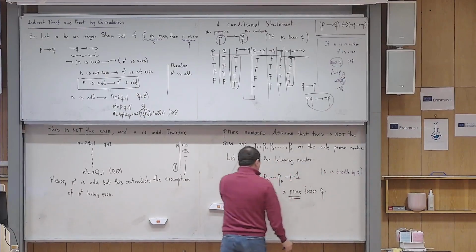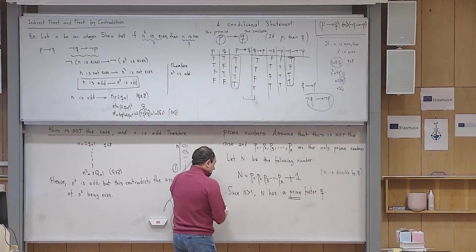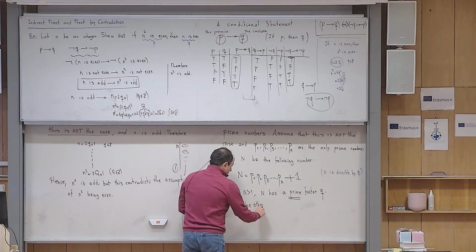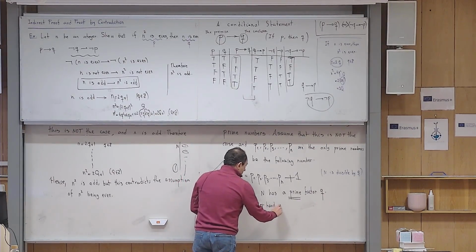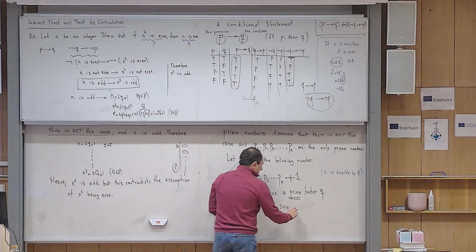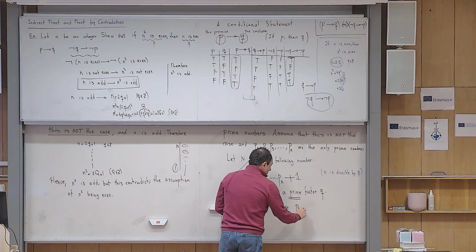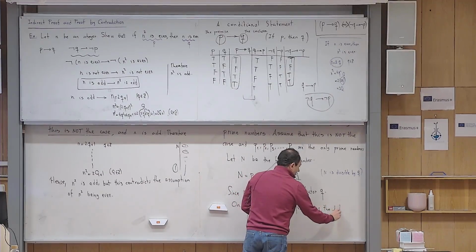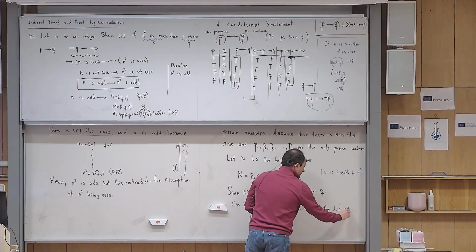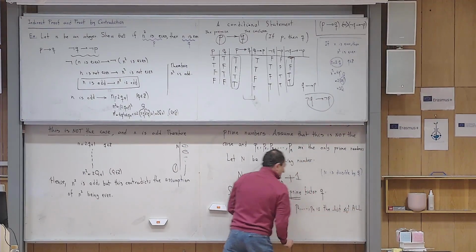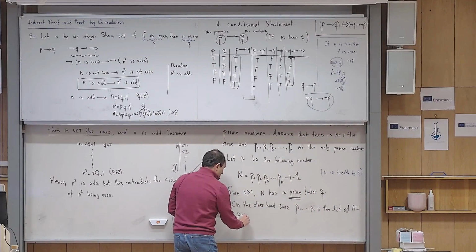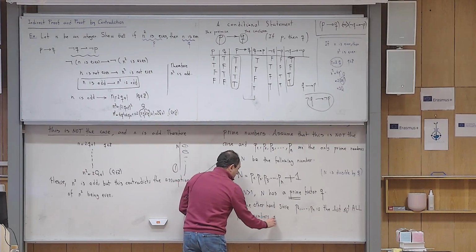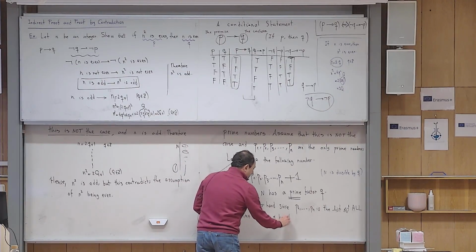So, since n has a prime factor, on the other hand, since p1 up to pn is the list of all prime numbers, q has to be one of them.